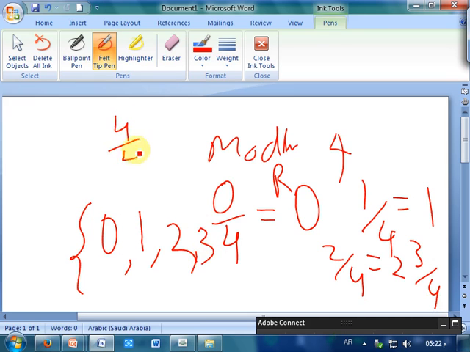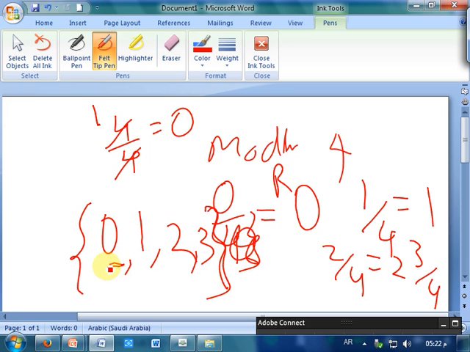The next is 4. 4 divided by 4 divides one time, remaining 0, and 0 is already present. For example, 5 divided by 4 goes one time, remaining 1, like subtracting 4 from 5.